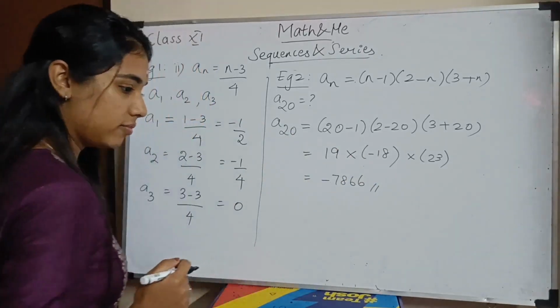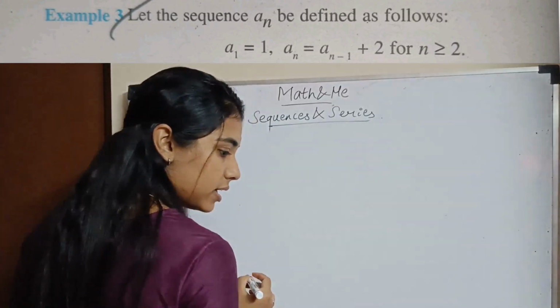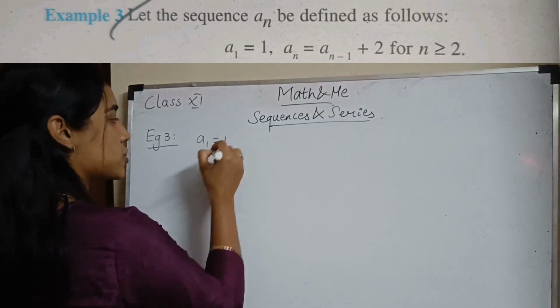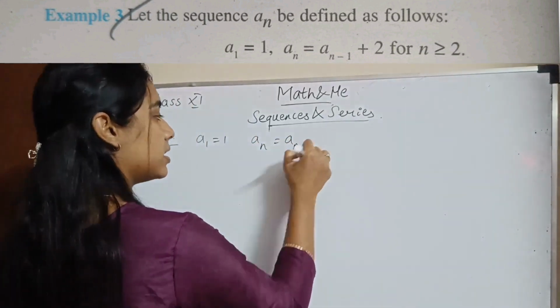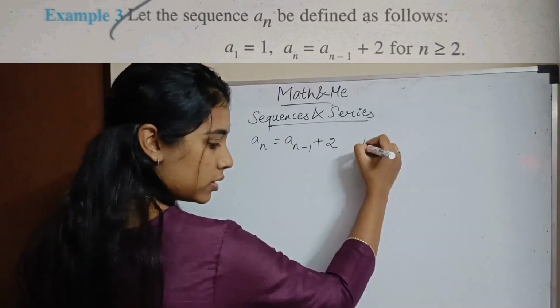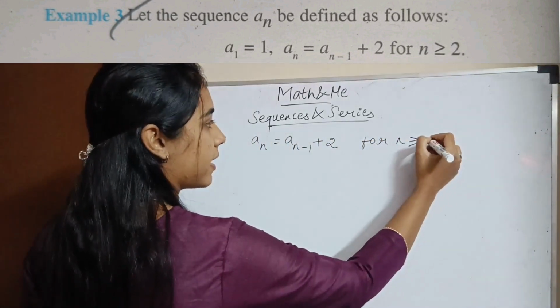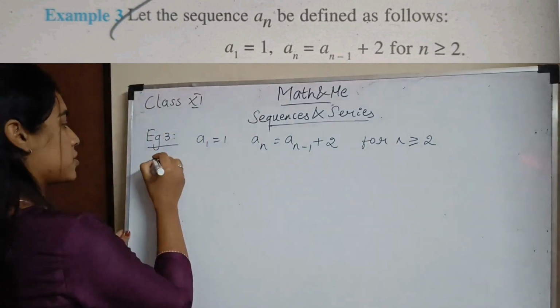Okay. Example 3. A1 equals 1 and An equals A(n minus 1) plus 2 for n greater than or equal to 2. Find the first 5 terms. So what is asked?